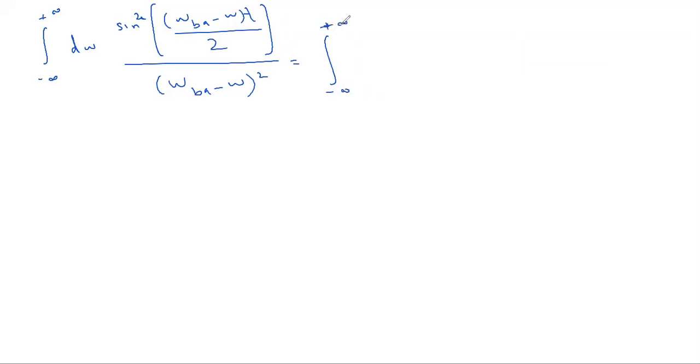Let's substitute all the variables that we have calculated on the last slide. So this will be minus 2 by t dx, and the argument will just become sine square x over 2x square over t square.